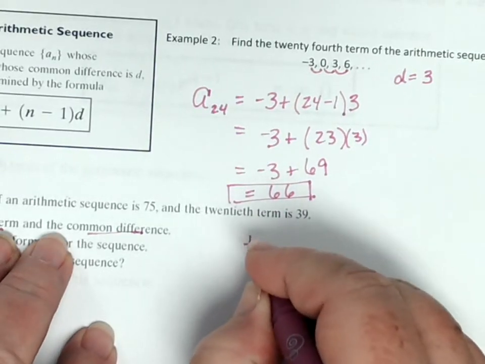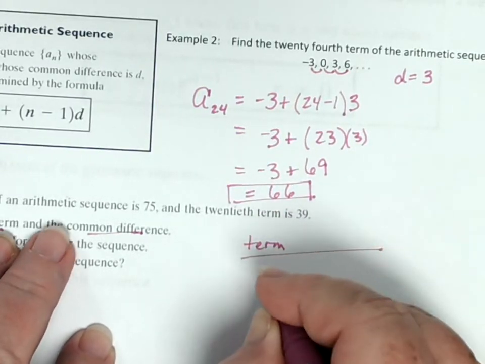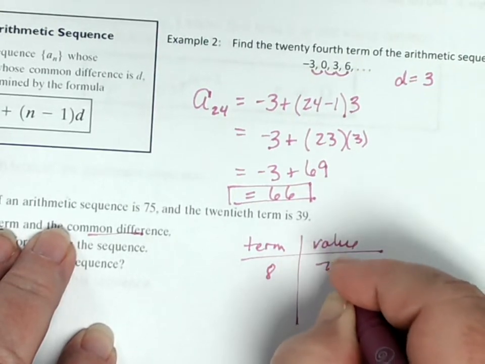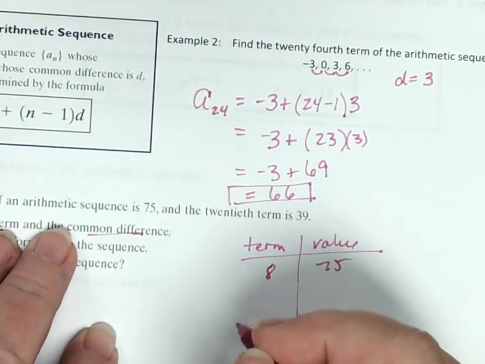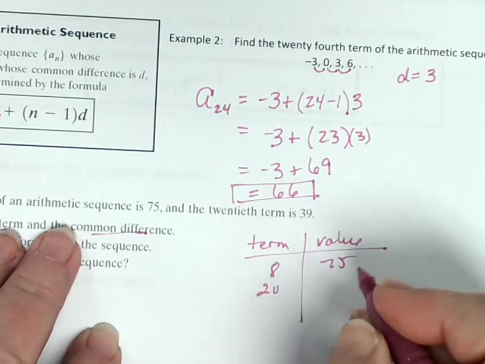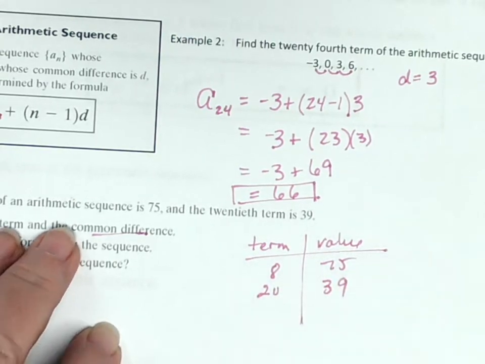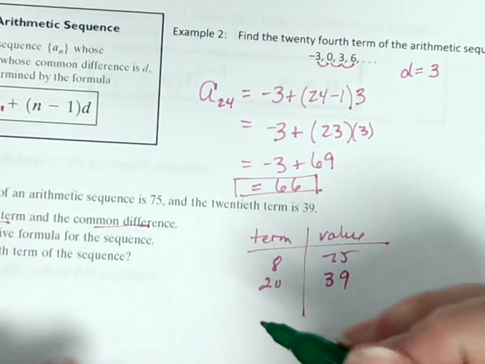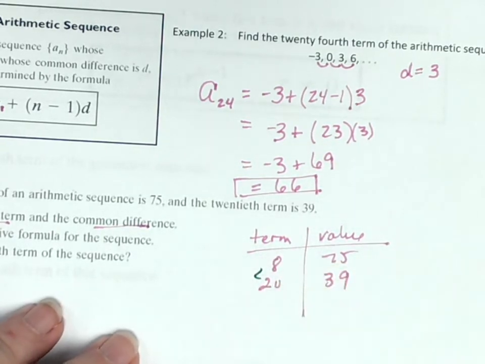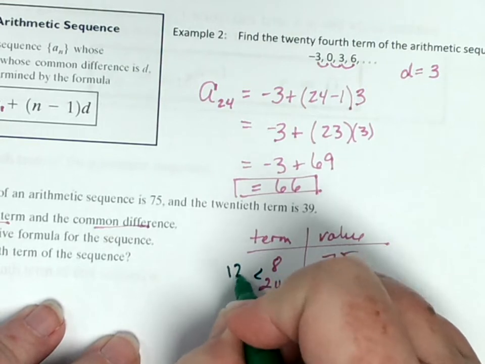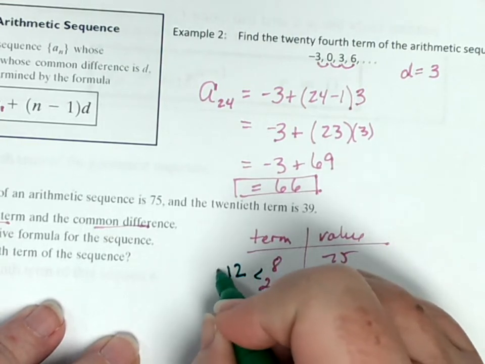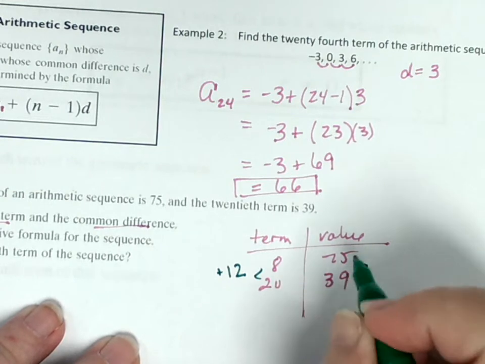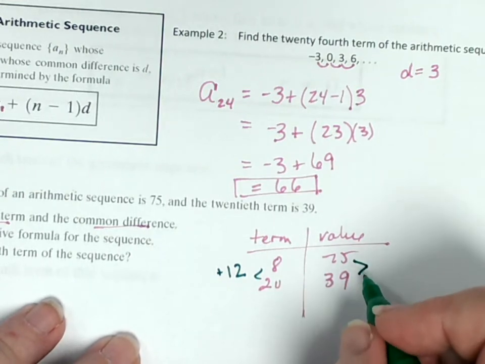Let's say the 8th term had a value of 75, and the 20th term had a value of 39. How far apart are those two numbers? Those are 12 apart. 8 plus 12 is 20. And then 75 to 39 is a subtraction.